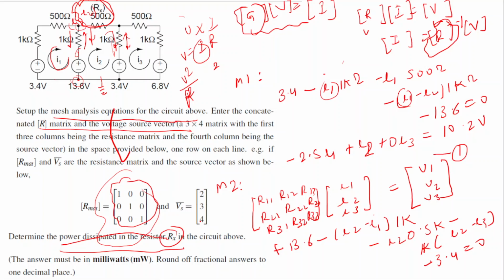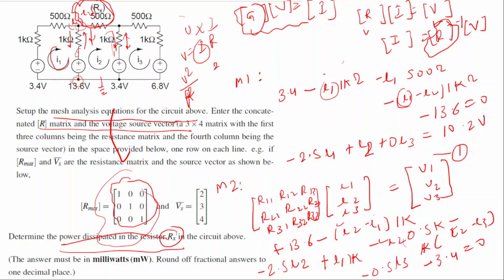So now let's rearrange the terms. This I2, this I2 and this I2 will become minus 2.5 times I2. Then this I1 becomes, this minus becomes plus, so I1 times 1k, and then this I3 will be minus 0.5 times I3.